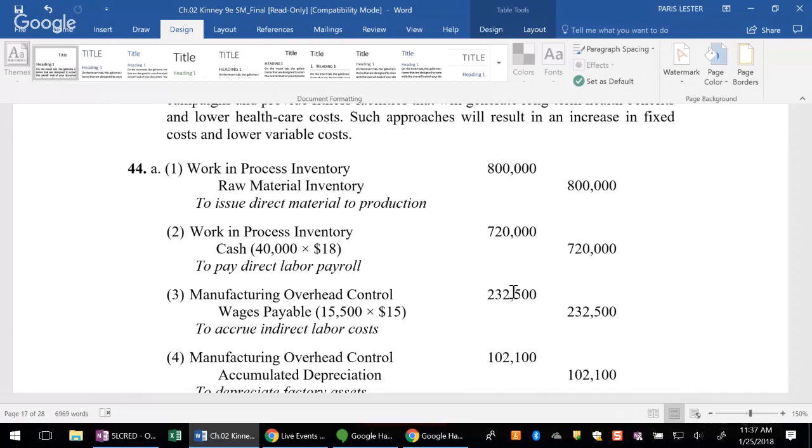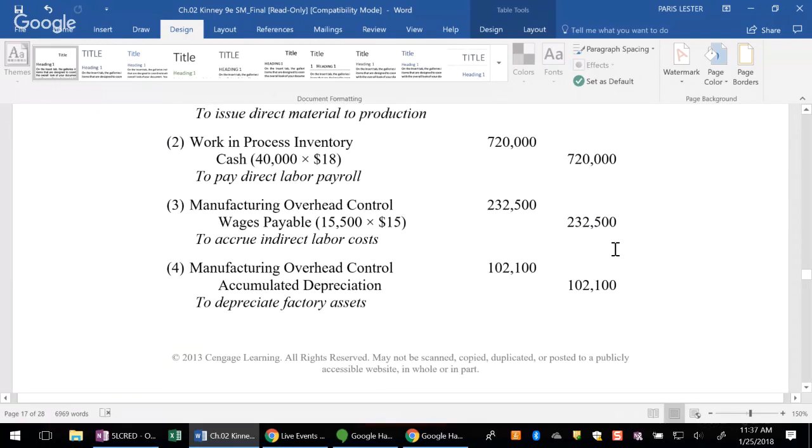Just reviewing these real quick with you. Now, number 4, your debit overhead control and credit accumulated depreciation. And why they call that overhead control is that is your actual overhead. Later, we got to put this overhead into work in process, either predetermined or actual.